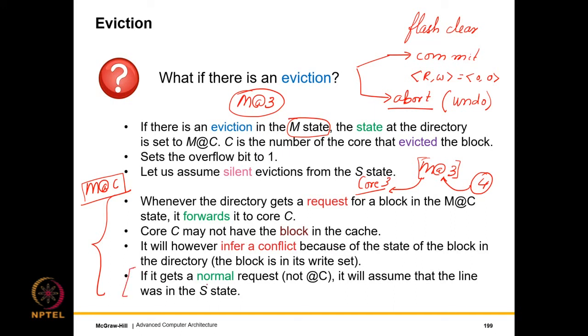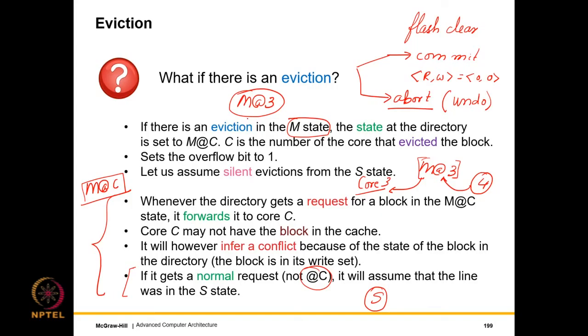But if it's a normal request, which means this M at C is not coming, then it will infer that the line was there in the S state, and from the S state it was evicted. So this is what it will infer. All right. And if the other transaction just wants to read, there is no problem. But if it wants to write, there is a read-write conflict, and a conflict has to be signaled.